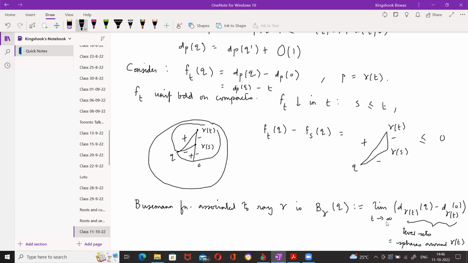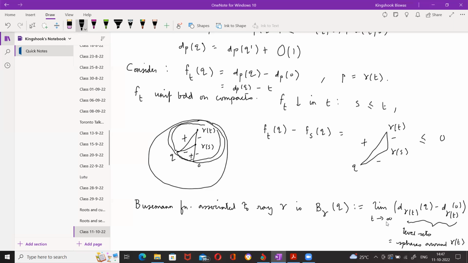So the level sets of the Busemann function will be horospheres. What happens is, as the center of the sphere goes off to infinity, these spheres will converge uniformly on compacts, or Gromov-Hausdorff converge, or whatever notion of convergence you want, to level sets of the Busemann function. Those are defined to be horospheres. If you do this in the Poincare unit disk, H2, you'll get Euclidean spheres which are almost tangent to the boundary.